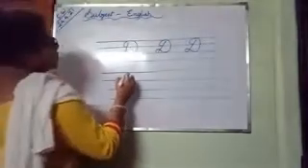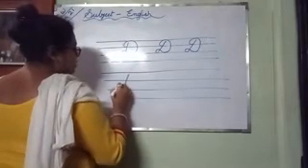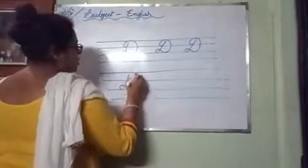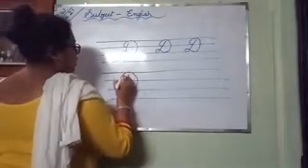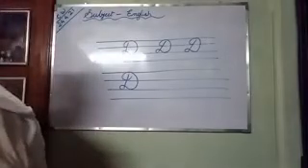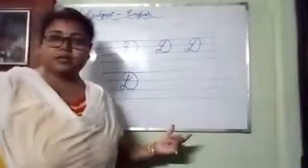Same way from here you bring it to the 3rd line. Then turn it. Touch the 3rd line. Take it up to the top line and just put this line inside. Okay, this becomes another type of D. Whichever you feel is easy, you will try.